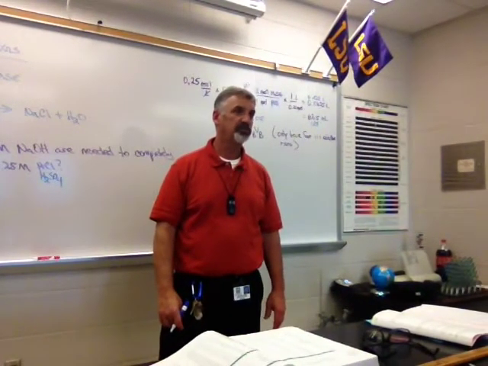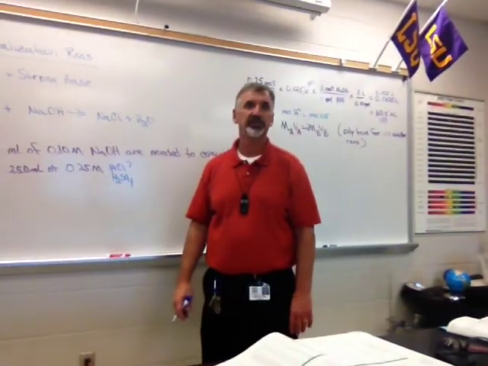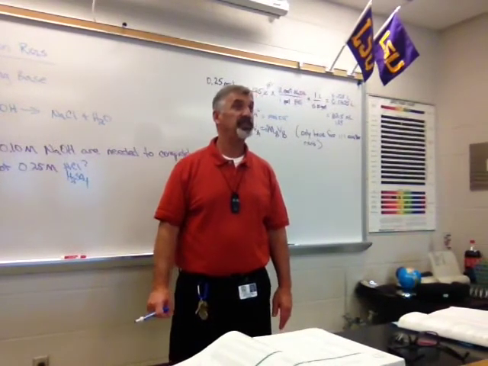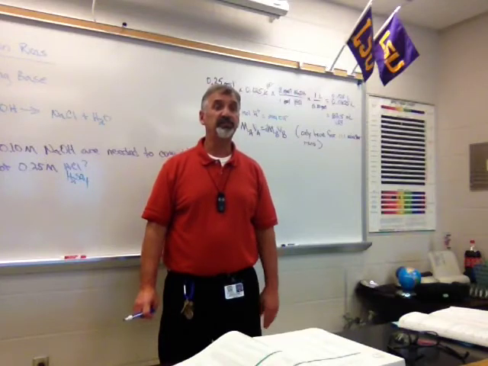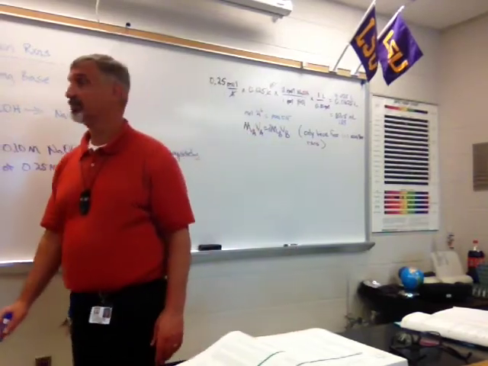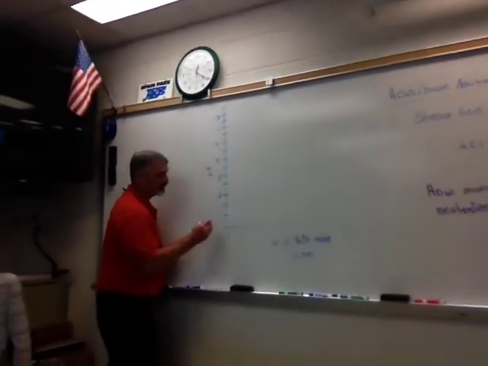How low? How do I find the pH of a 0.25 molar solution of an HCl, strong acid? Just take the negative log of 0.25, right? And it comes out less than 1, greater than 0. Correct? 0.6. So that's where my graph's going to start, at 0.6.